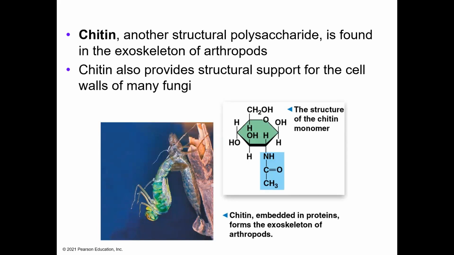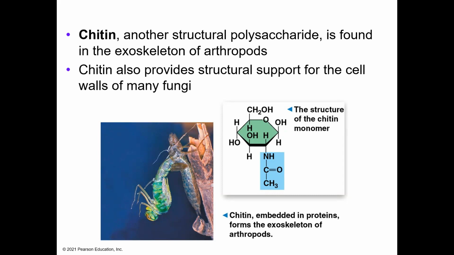Chitin is another structural polysaccharide that's not found in plants, it's found in animals. From the exoskeleton of arthropods to, for example, fungi. And so chitin is used for structural support for cell walls of many different things, or it's used to build exoskeletons.